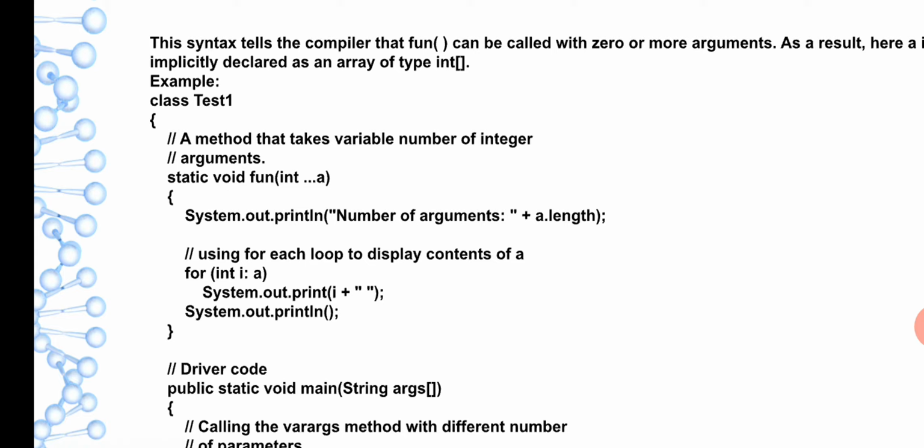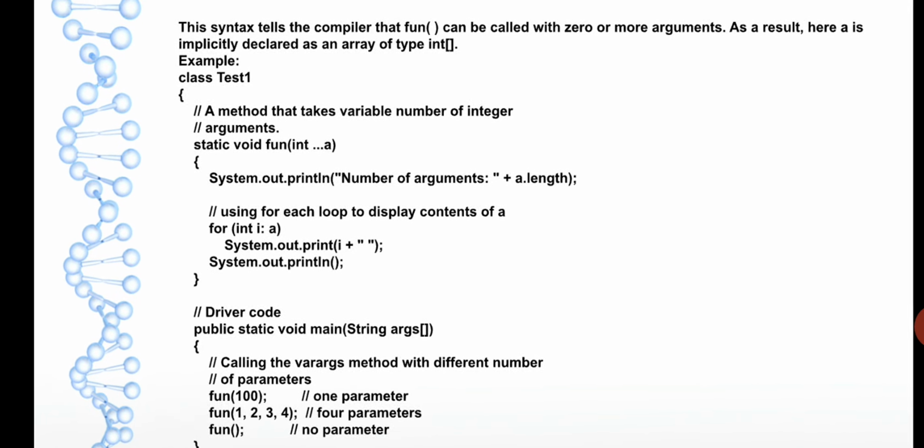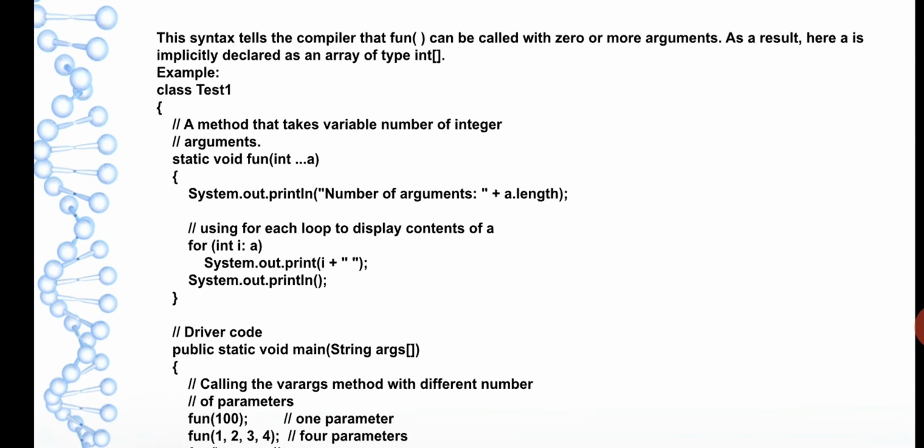As a result, a is implicitly declared as an array of type int. That means whatever the a you have seen there, it is a kind of array. Implicitly by default it understands that it is an array, and each and every argument you pass, it will consider as an array concept.